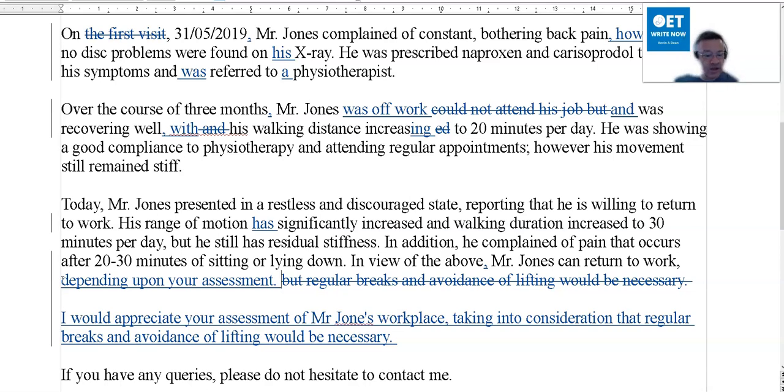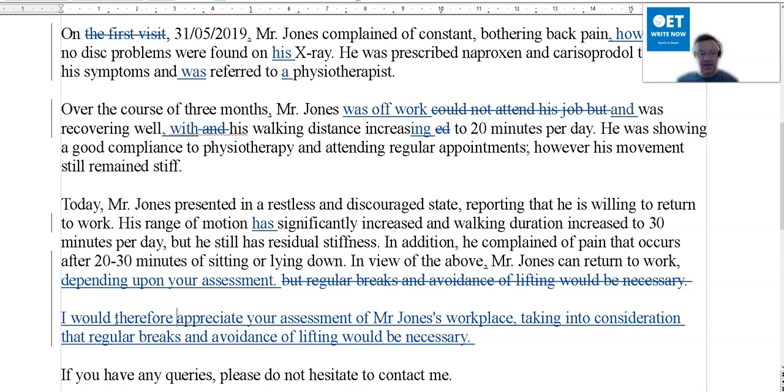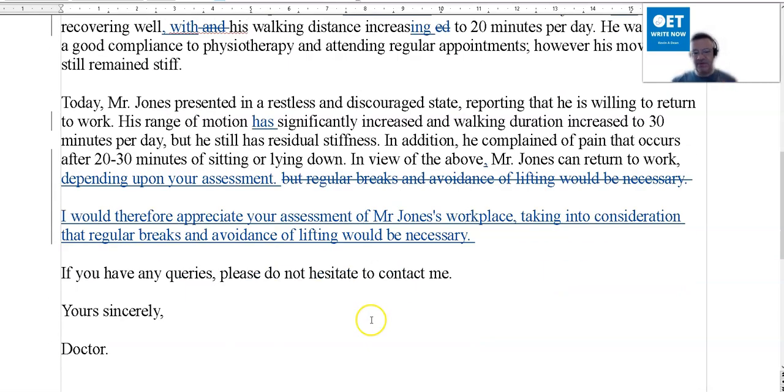So we could do it like this. Mr. Jones can return to work depending on your assessment. I would therefore appreciate, you could put therefore in. Taking into consideration, regular breaks, avoidance of lifting would be necessary. So you could do it something like that.